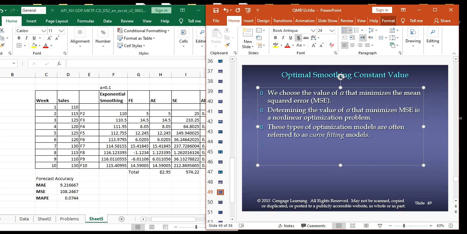For example, I'm telling you alpha to be 0.1, and alpha to be 0.2, for example, alpha to be 0.27.